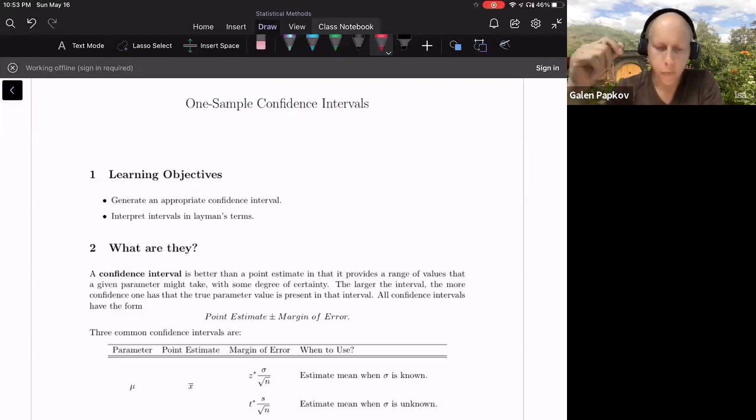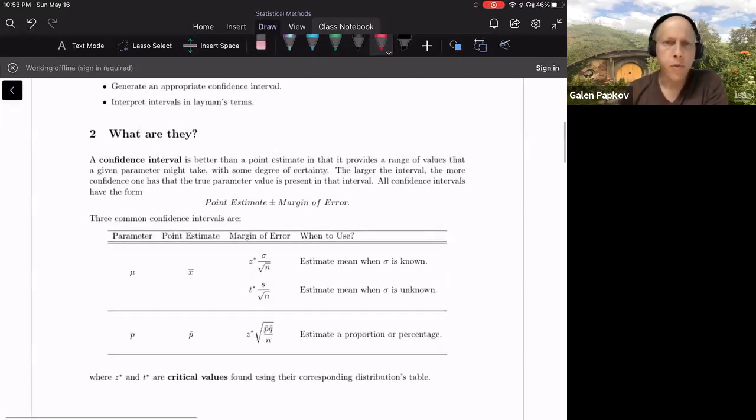to interpret them. This first page of my lecture handout just summarizes the formulas again and when to use the 2 different confidence interval formulas for the mean. And so you see that in the top portion of the table here.